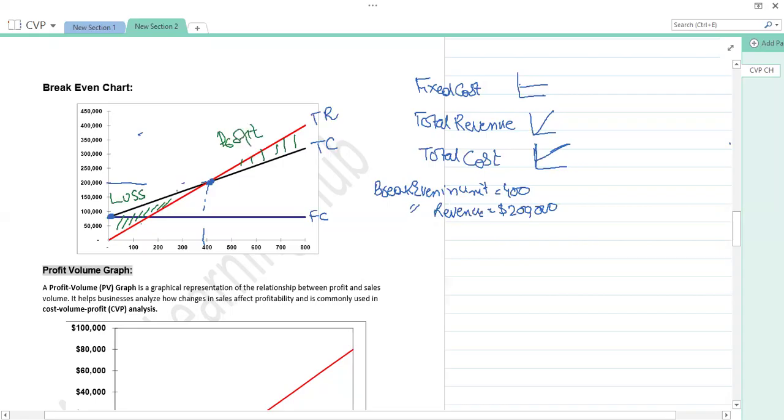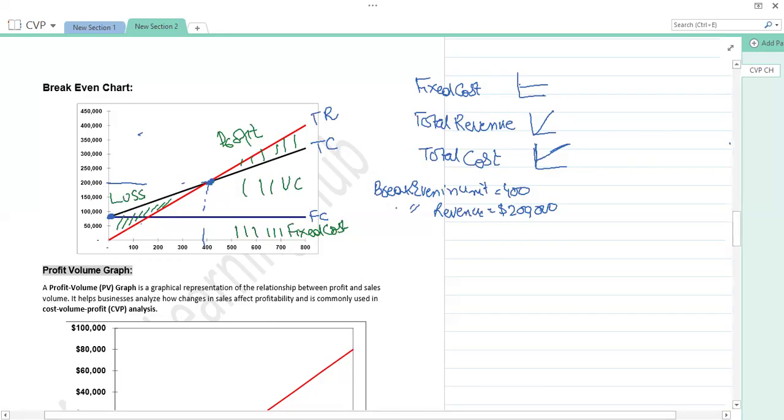So before the break-even, you are a loss-making product, and then after break-even, you will convert it into a profit-making product. All this area is your fixed cost. And this is the area for your variable cost. So this is all about your break-even chart.